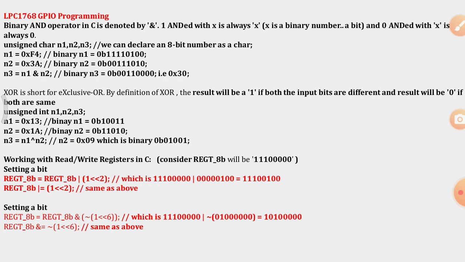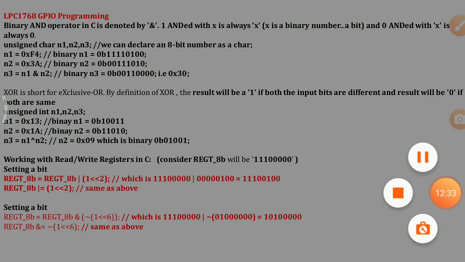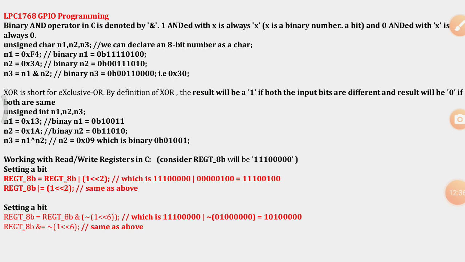Register 8b is 11100000, ANDed with 01000000 inverted, because we have put a NOT operator here.